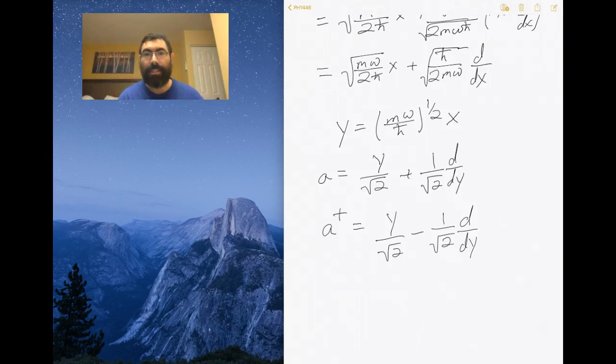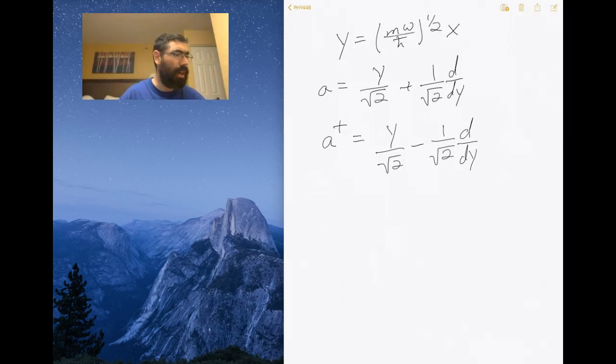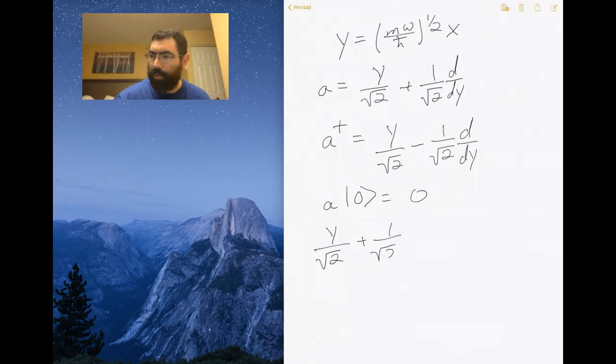So now we've written the raising and lowering operators in terms of the position basis. What if we operate on them? If we lower the ground state, we said that was 0, and that's like saying y over the square root of 2 plus 1 over the square root of 2 d/dy operating on the ground state is going to be equal to 0.